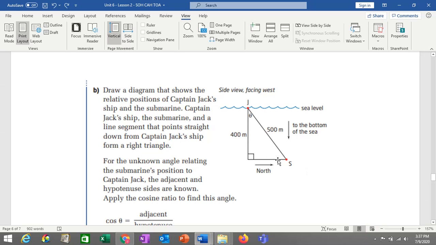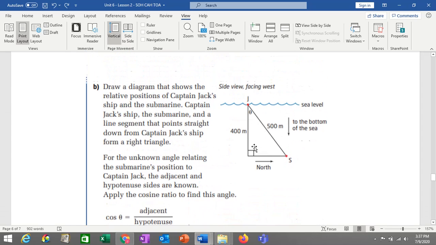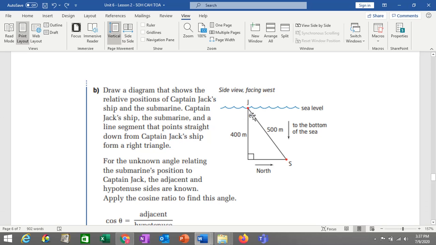Okay, so we want to figure out what's this distance here between him and the submarine, just looking at as far as on a compass goes, right? So this is the picture that we're looking at. Okay, and we want to know what angle is there between him and the ship.